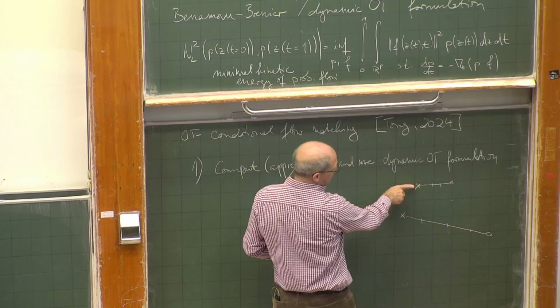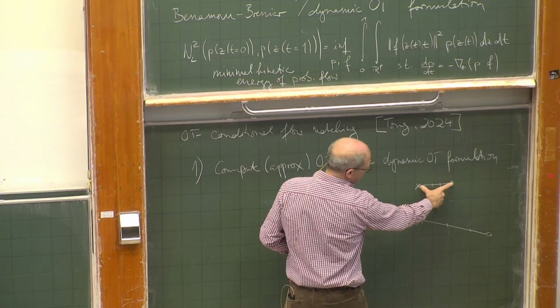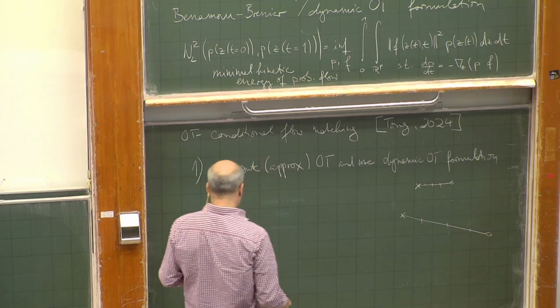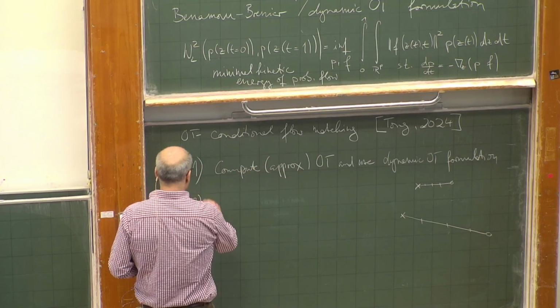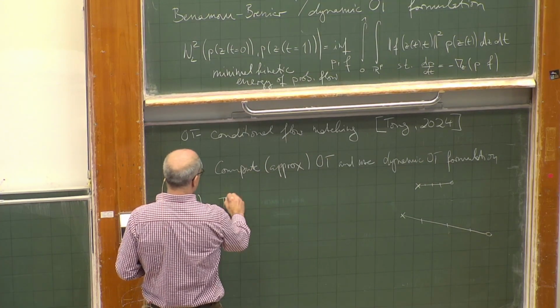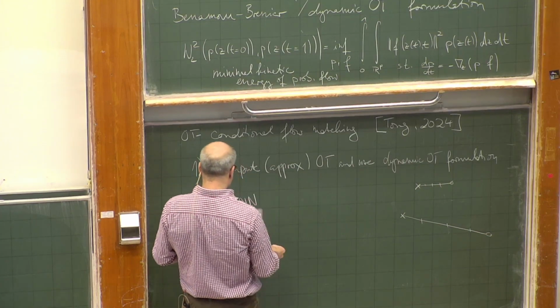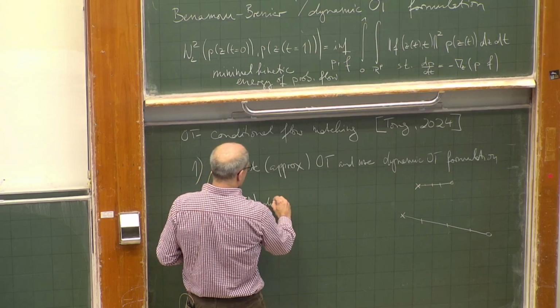As time goes from 0 to 1, this one moves only so far, that one moves so far. And then I fit, using a neural network, this displacement field.